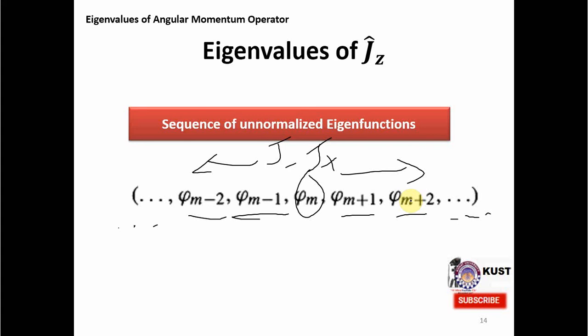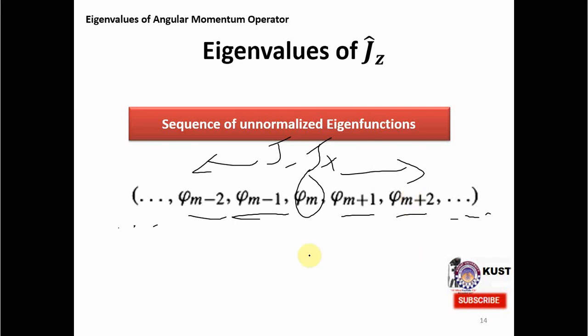So in this third part, the first thing we have done is to use the ladder operators to construct the whole sequence of eigenfunctions, and we can move in these eigenfunctions with the help of these two ladder operators, j plus taking us up the ladder and j minus taking us down the ladder.